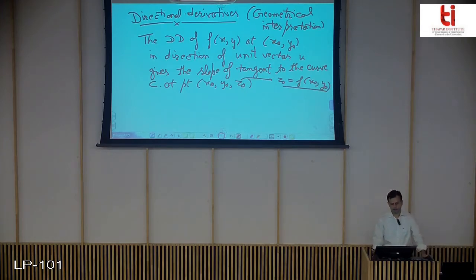Now the thing is, how is curve C obtained? Likewise in the partial derivative, we have seen how the curve was obtained.